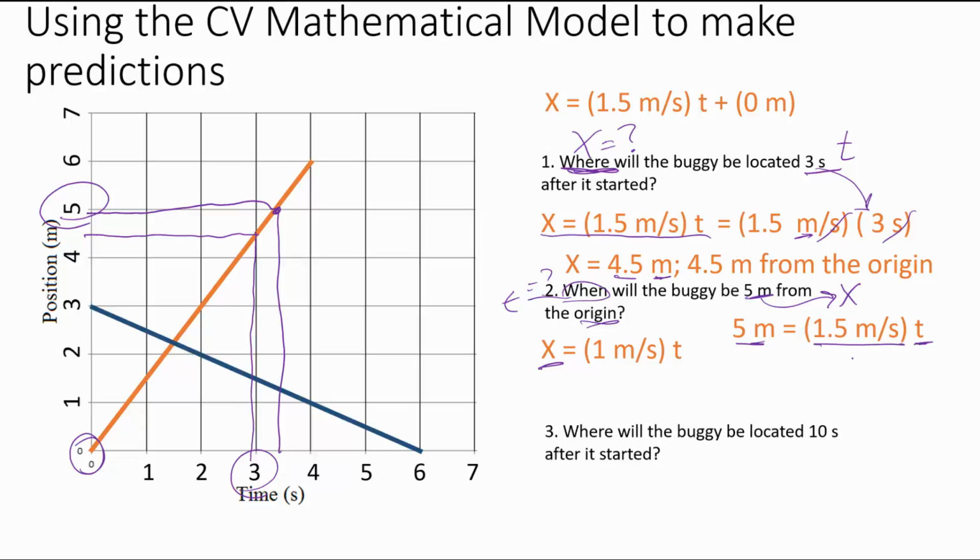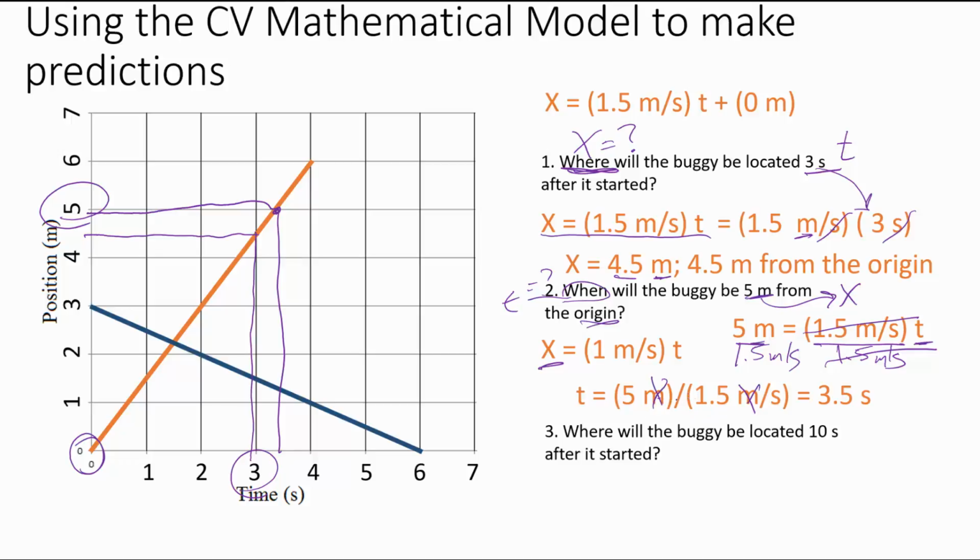So we need to get rid of this 1.5 meters per second. So we're going to divide both sides by 1.5 meters per second. We see these cancel out over here. So on the other side, I have 5 meters divided by 1.5 meters per second. Now, since I have this equation written horizontally, it's a little hard to see what units cancel and what don't, but I've got meters divided by meters, so they cancel.